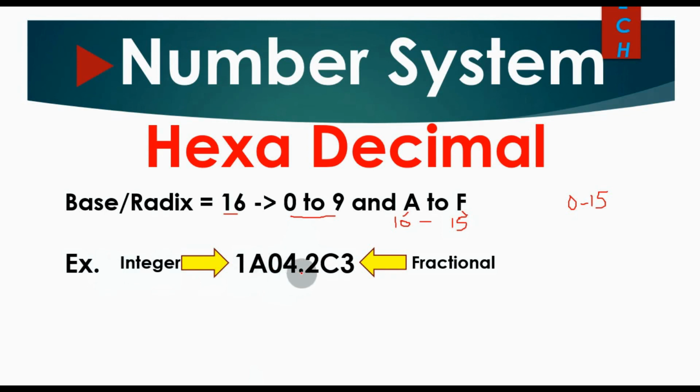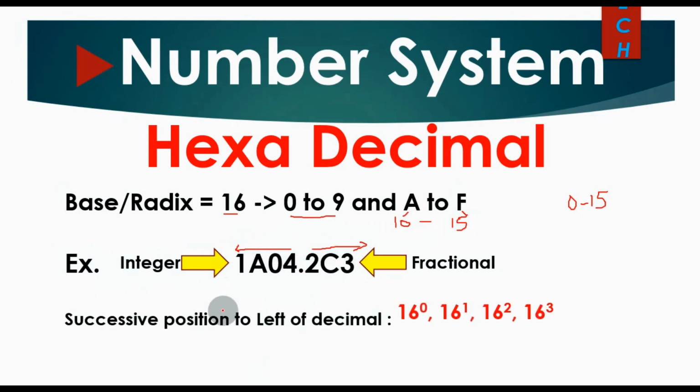1A04.2C3. So this is the integer part, and this is the fractional part. If you want to know the successive positions to the left of the decimal point, these are the multipliers for the integer part.